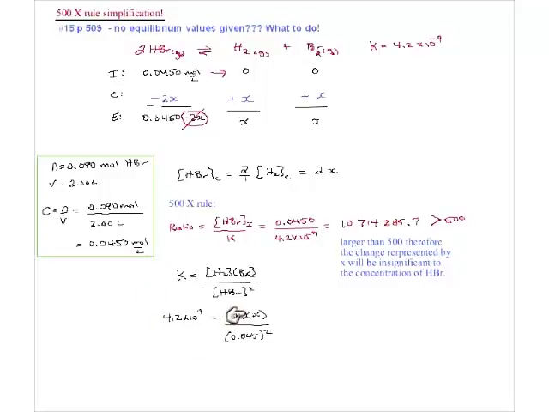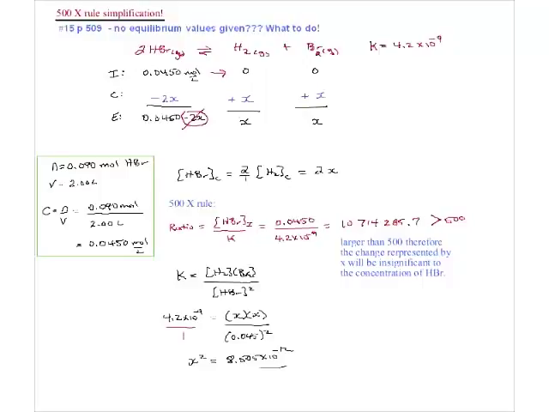And what we're going to do now is simply multiply these together. So that's going to give me x squared, and then I'll cross multiply, because that's like saying there's a 1 under here. So cross multiply. We're going to simplify this. So x squared is going to be 8.5 times 10 to the minus 12.